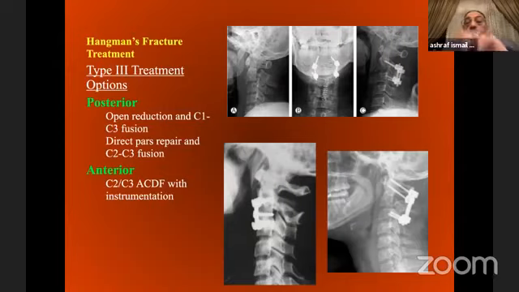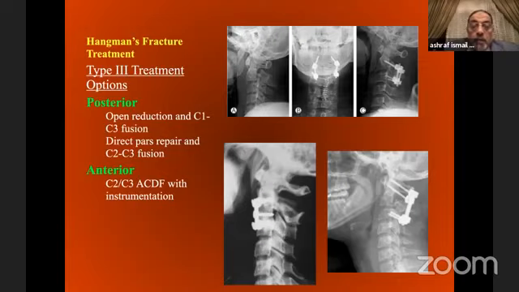Okay, type 3. It was treated with C2-3 fixation and grafting. Another case was treated by grafting and anterior plating.